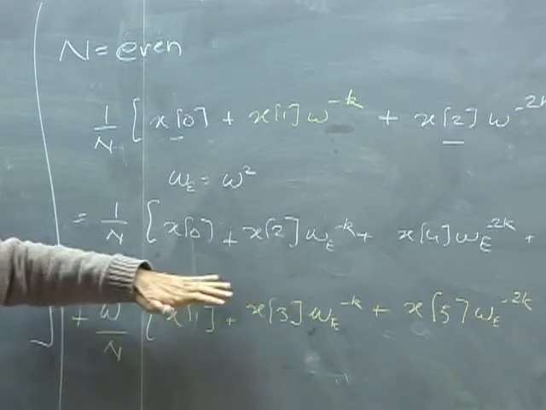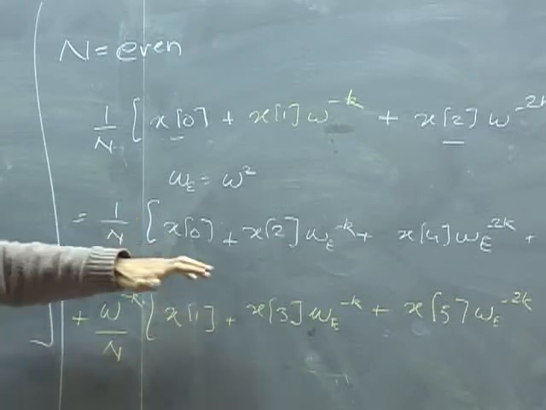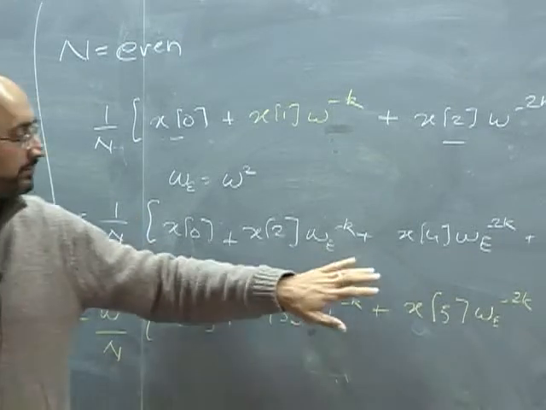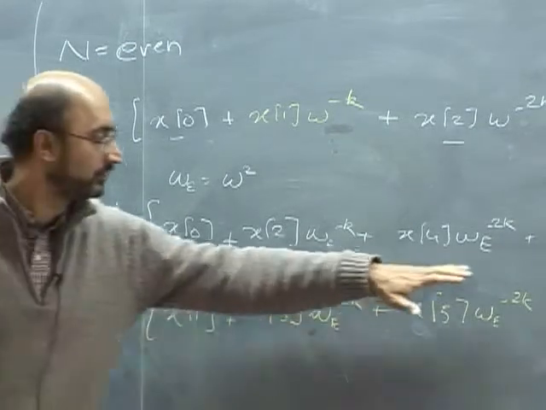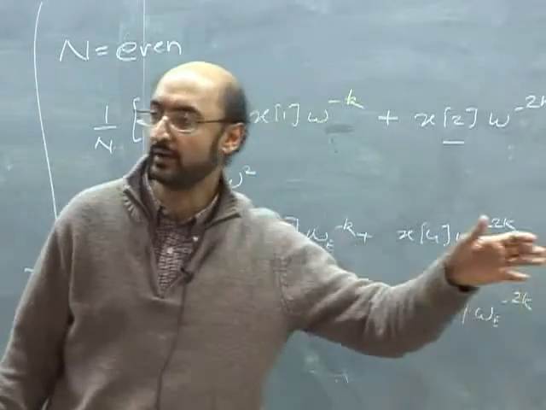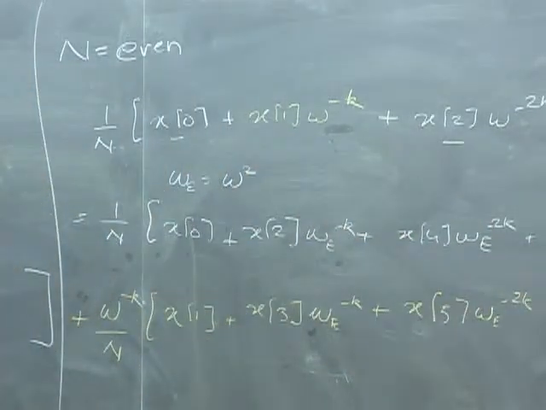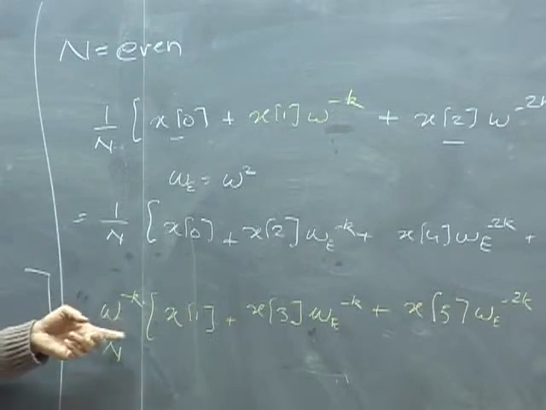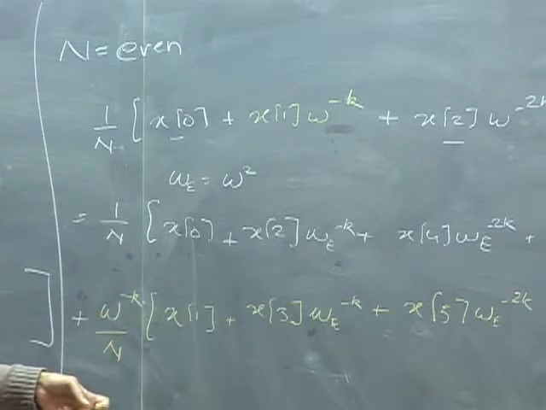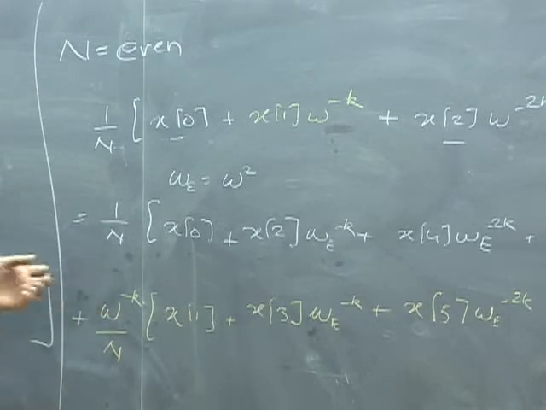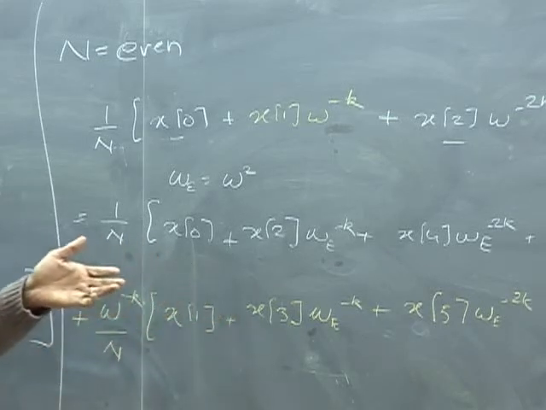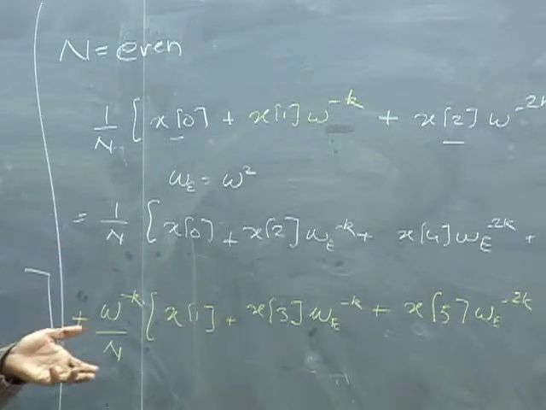When I break it up into even and odd, I'll have omega e to the power 2k, 4k, 6k pulled out, and it's just recursion, right? And so in the end, all we need to do is to compute omega square, omega to the 4, etc. And then we just multiply each time with omega to the minus k, right? And we'll get all the even and odd terms. Okay, and that's fast Fourier transform.